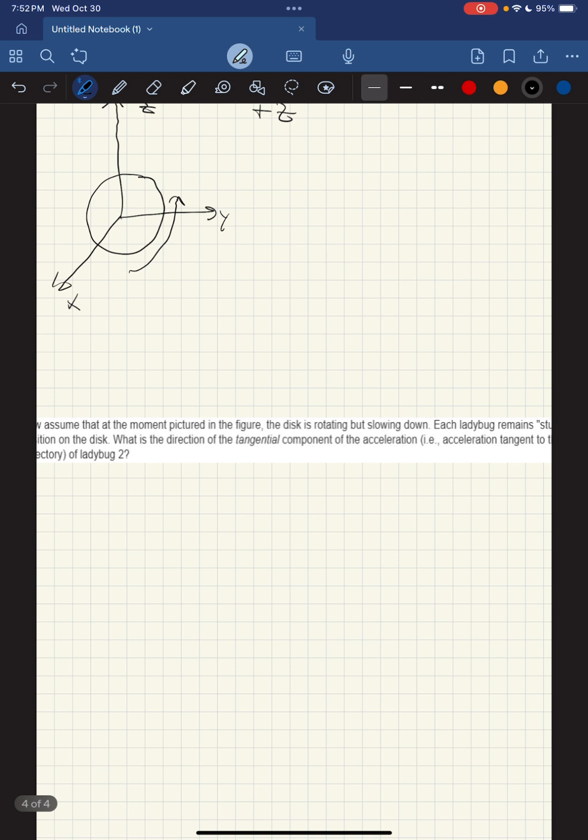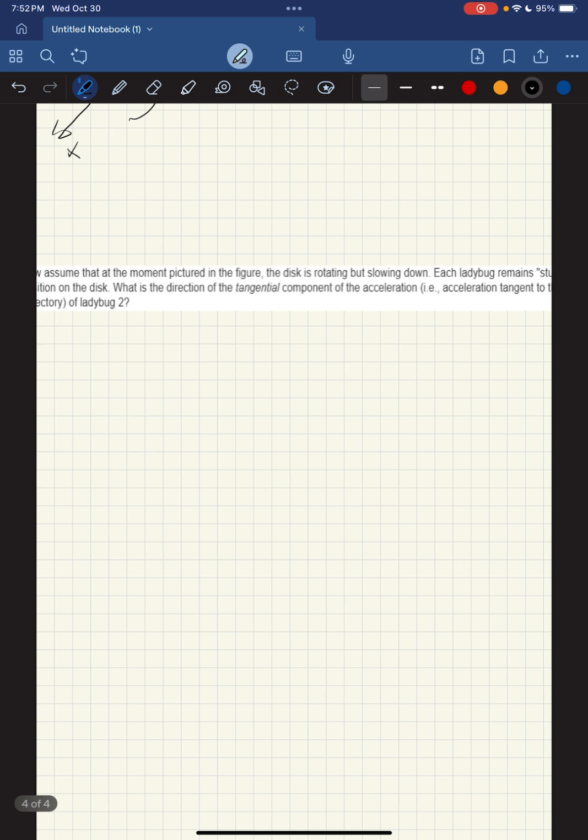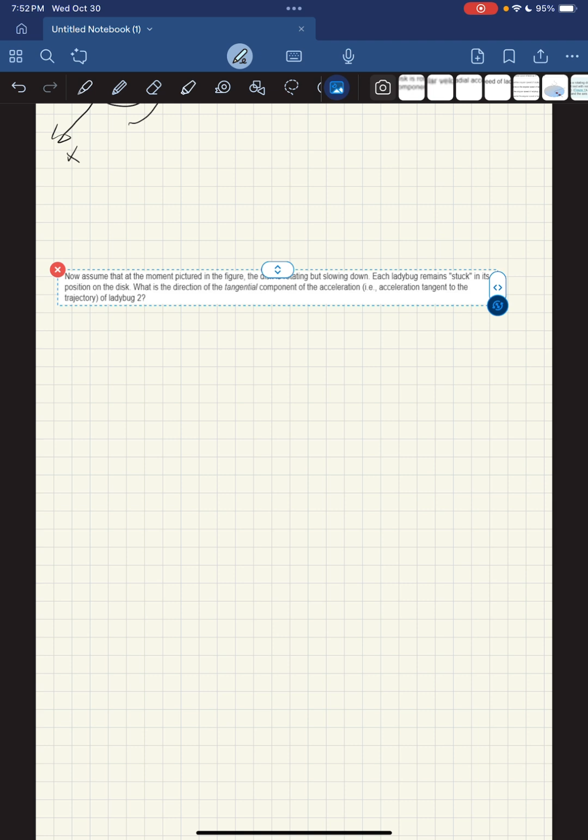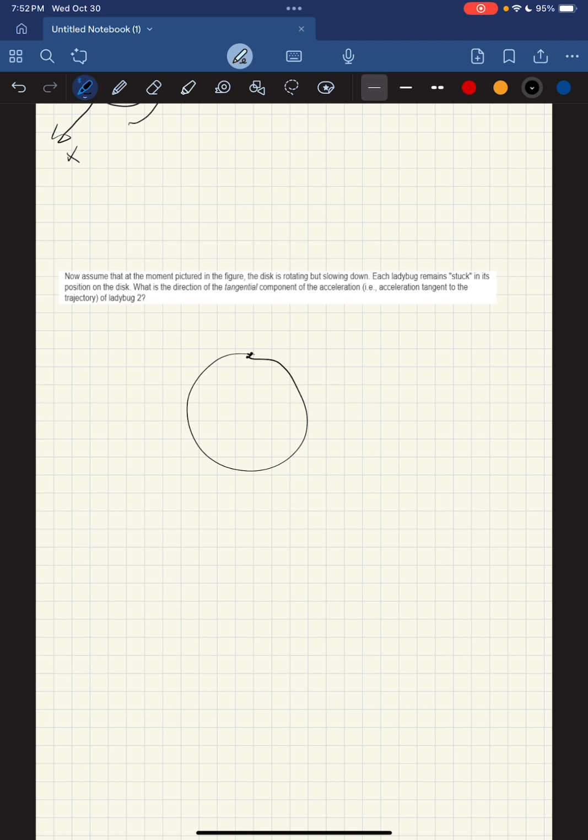Part E asks for the direction of the tangential component of the acceleration of ladybug 2. Redrawing the schematic, you have a circle, and ladybug 2 is here. It is spinning this way with angular velocity w. It's decelerating, so its acceleration would be pointing somewhat towards this way.